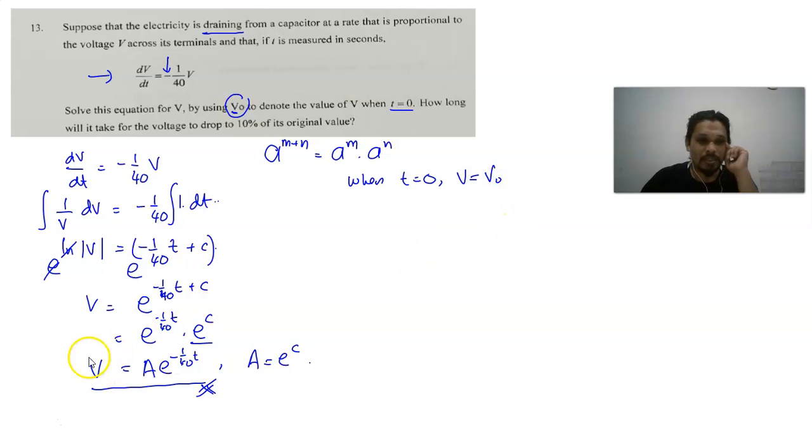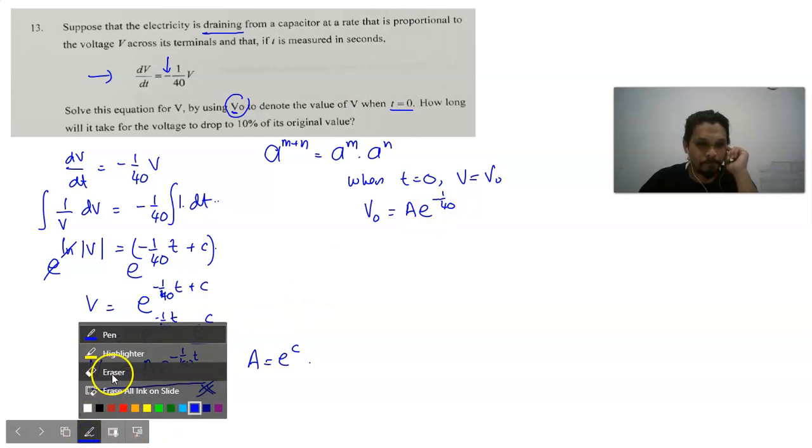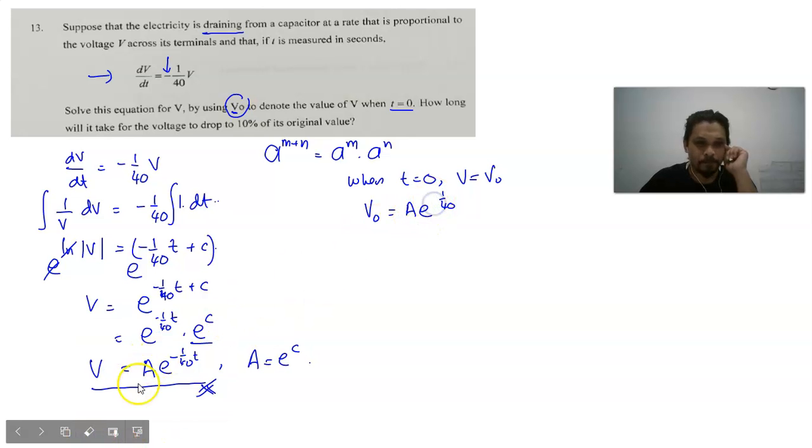Okay, so it means that this V will be replaced with V naught here. The initial V naught equals A e to the power of negative 1 over 40 t, and t equals 0.